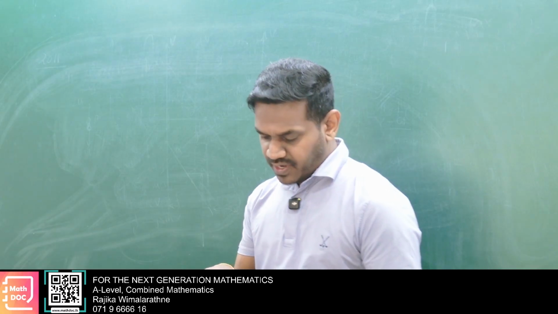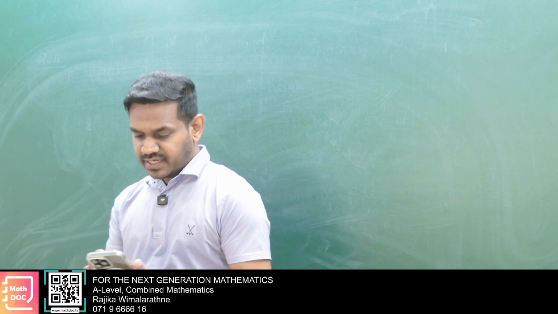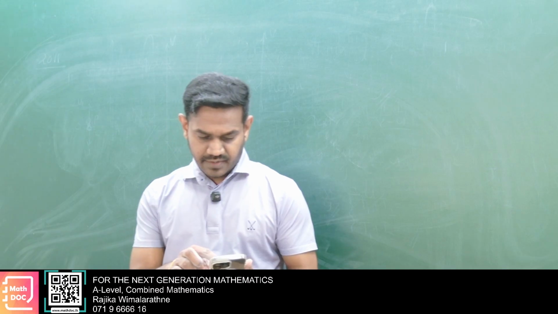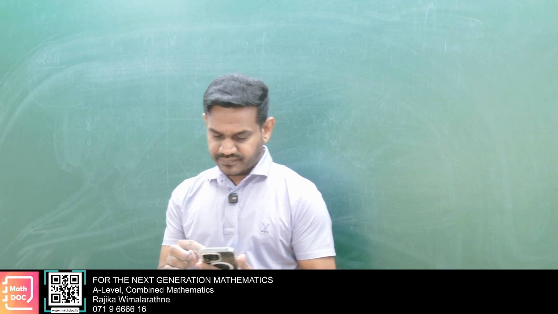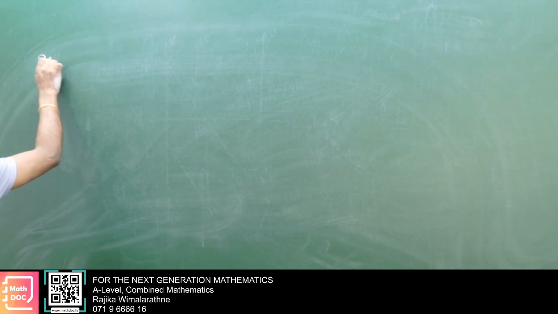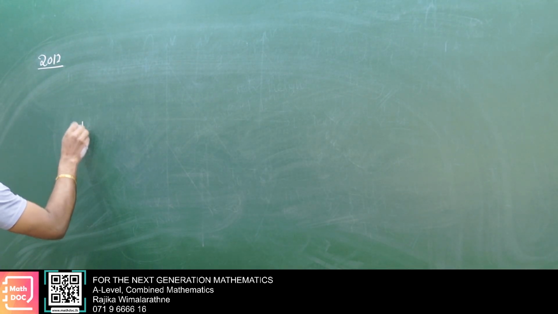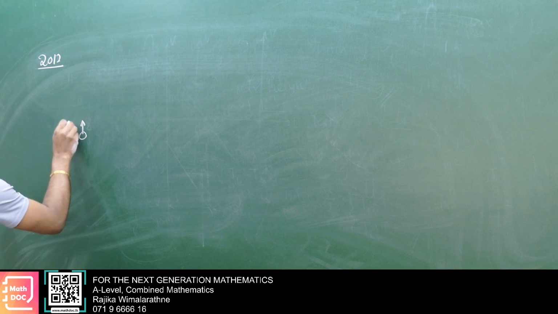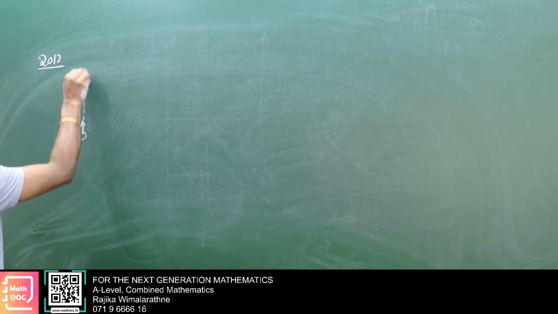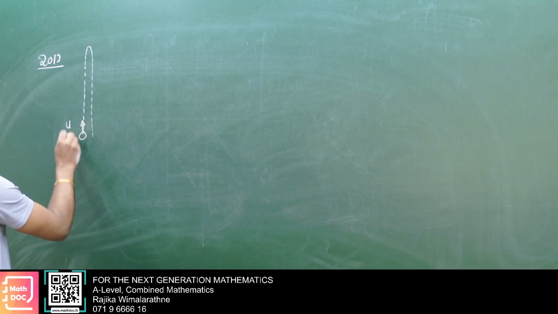So here, given that a particle P is projected at point O vertically upward under gravity with velocity u. A particle P is projected with initial velocity u. It moves like this. So let's sketch the graph.